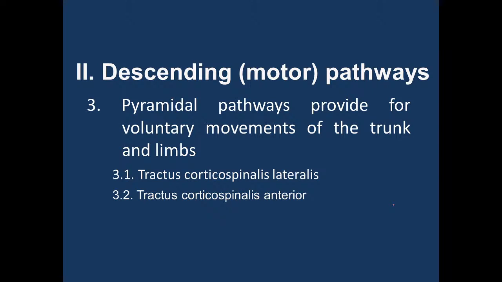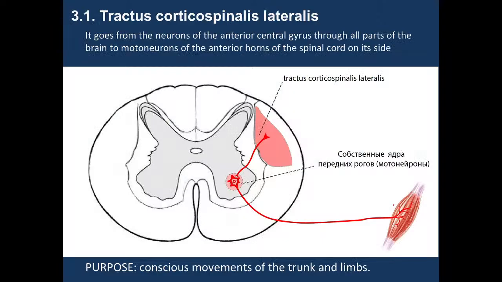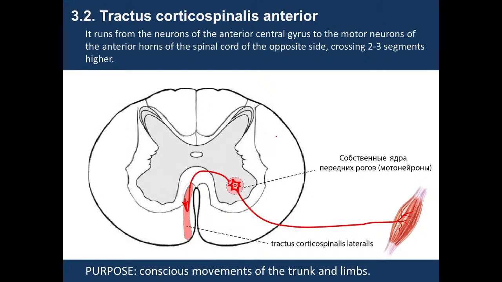And the descending pathways, we call them pyramidal. These are the corticospinal tracts. Tractus corticospinalis lateralis is quite a large part of the lateral column, and a small and narrow part, the anterior corticospinal tract, is located in the anterior column.